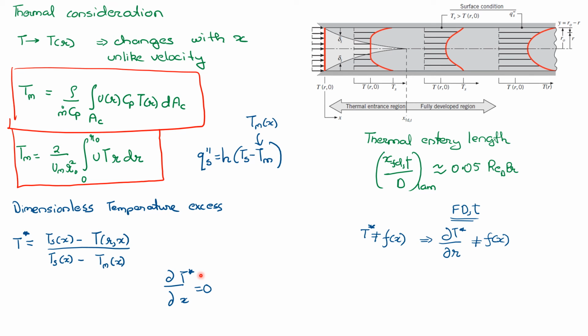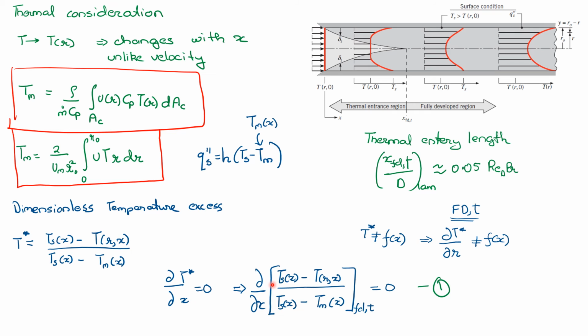So excuse me, that means that your del T star by del x must be equal to 0. Now, if I replace the definition of T star from here into this, this is the equation that I get.